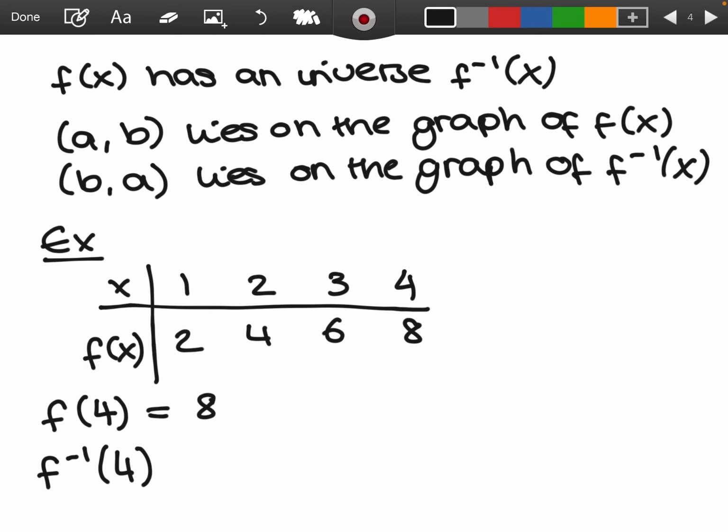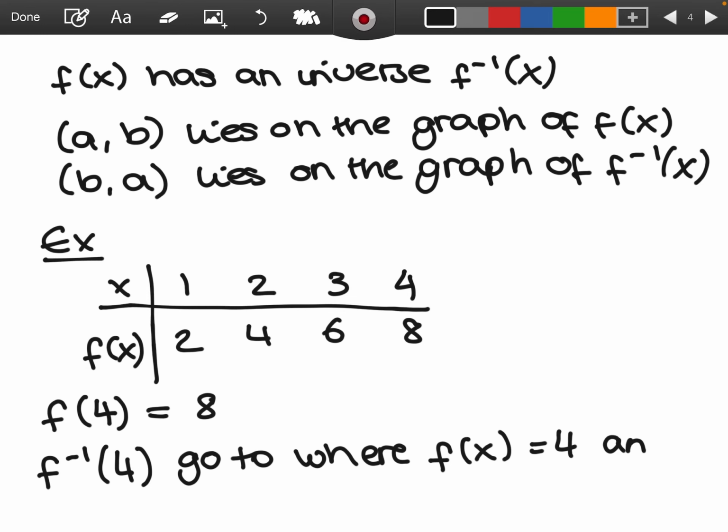Remember, what we do here is we have switched the x and y values. Okay, so if the point a, b lies on f of x, then b, a is going to lie on f inverse. So f inverse of 4, I go to where f of x equals 4 and find x.